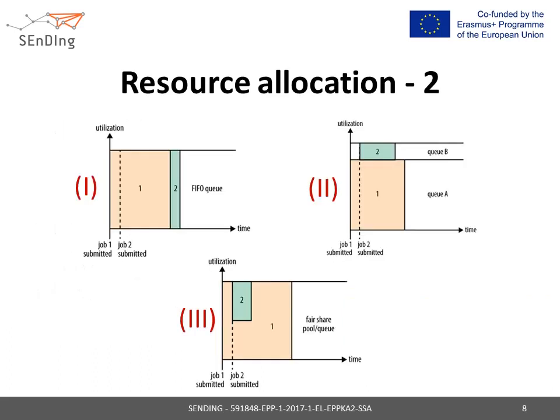These figures depict cluster utilization over time when running a large job and a small job under the FIFO scheduler, Scheme 1, Capacity Scheduler, Scheme 2, and Fair Scheduler, Scheme 3. The difference between schedulers is illustrated in these figures, which show that under the FIFO scheduler, Scheme 1, the small job is blocked until the large job completes.